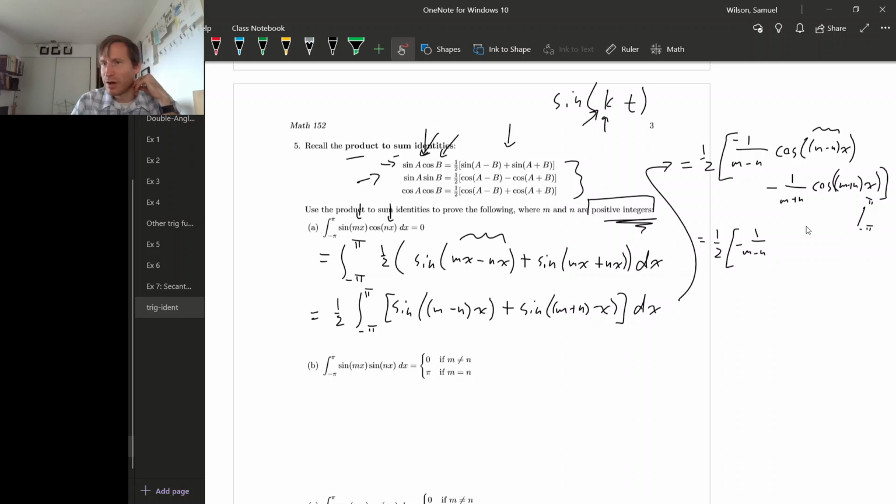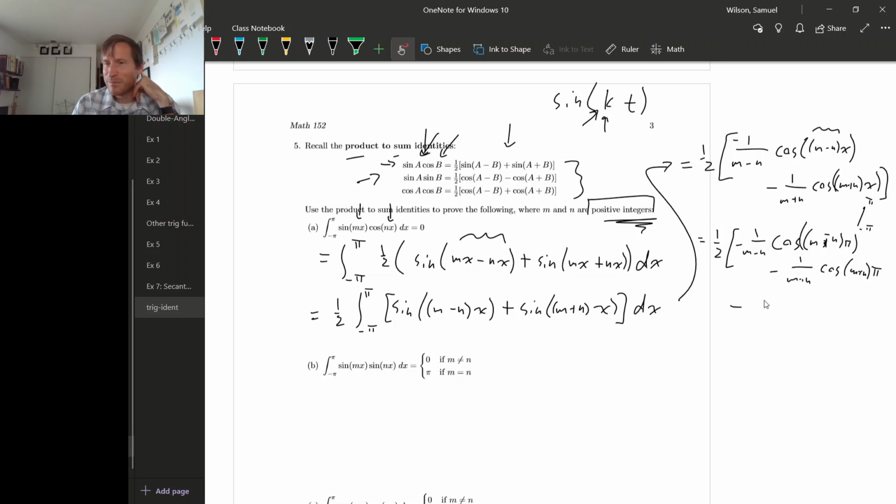So for now I'm just going to leave this as cosine of m minus n times pi, minus 1 over m plus n times cosine of m plus n times pi.